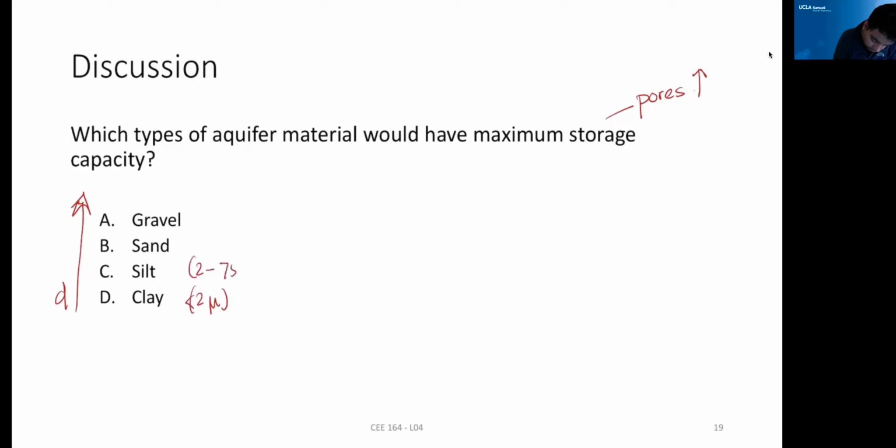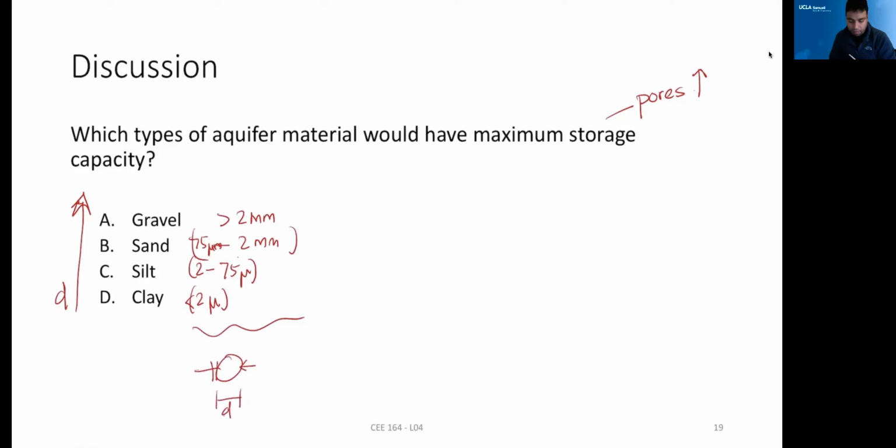Silt is 2 to 75 micron. Sand is 75 micron to 2 millimeter. Gravel is greater than 2 millimeters. That's the size, okay? So this is D.